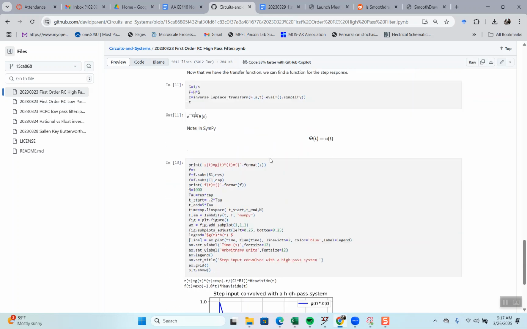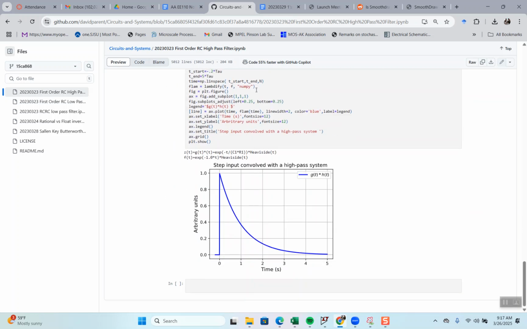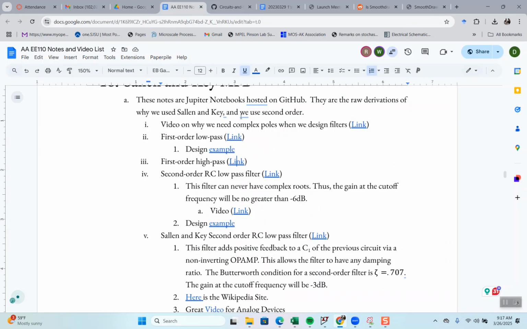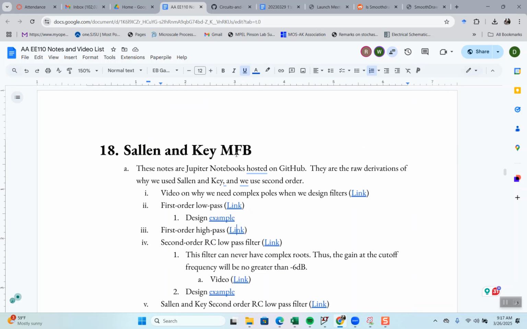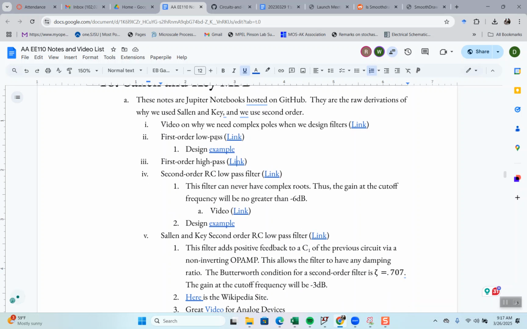Then I get the Bode plot and then the time domain response. But I thought I had a first order low, first order high. That's just how it works. But the design example is the same, right? You have a cutoff frequency. You just have to switch the capacitors and resistor, and that would be first order.